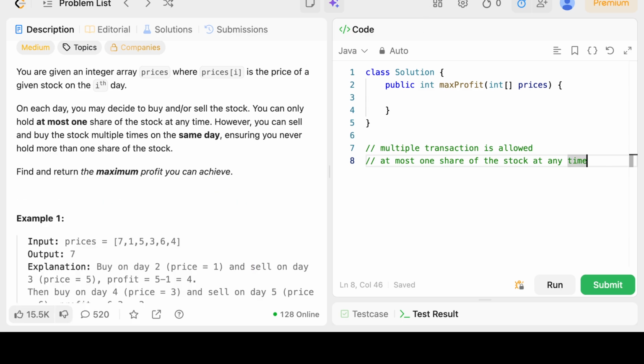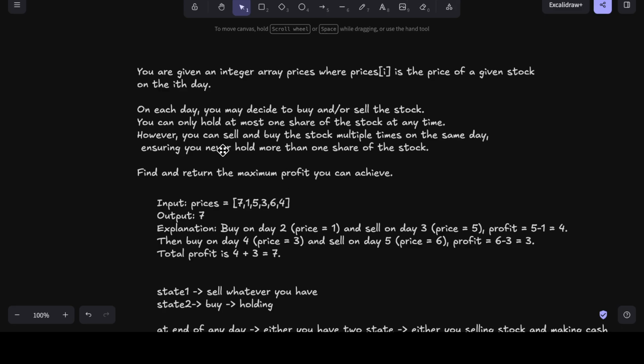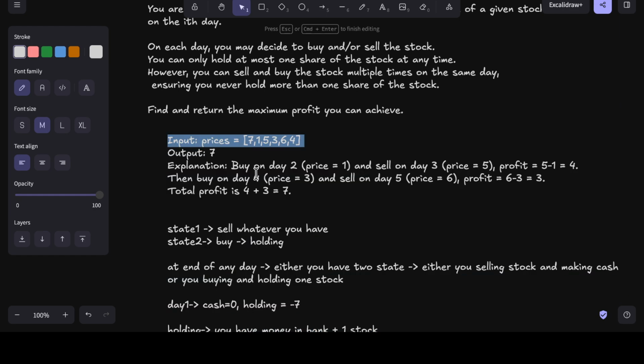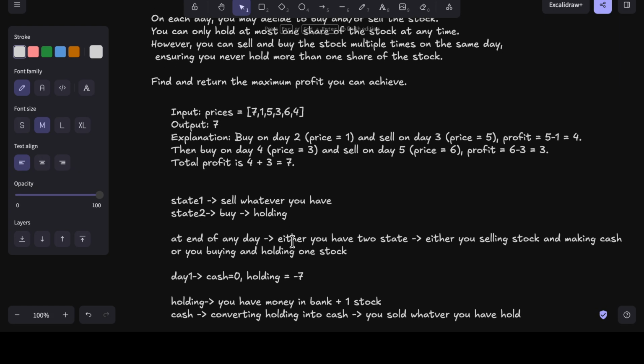So let me tell you the intuition about this problem. I have written the problem statement first, with example one. We have a restriction: on a day we can sell or we can hold, so we have two states. At the end of any day, state one is that you sold whatever you have, since you can hold only one share of a stock.